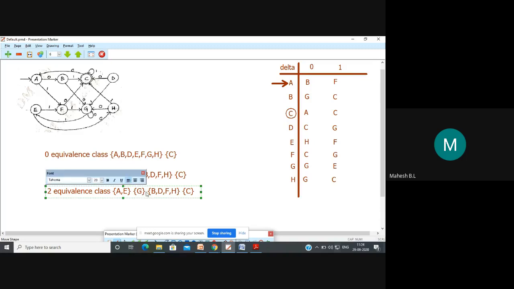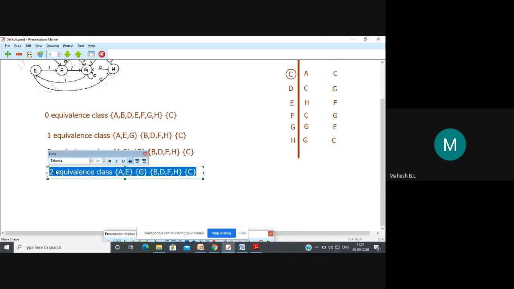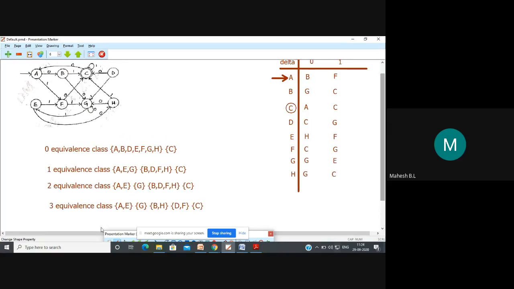So that's why we are going to make one more equivalence class, which is the third equivalence class: B and H are together, D and F as you can see, they are same. So D, comma, F.